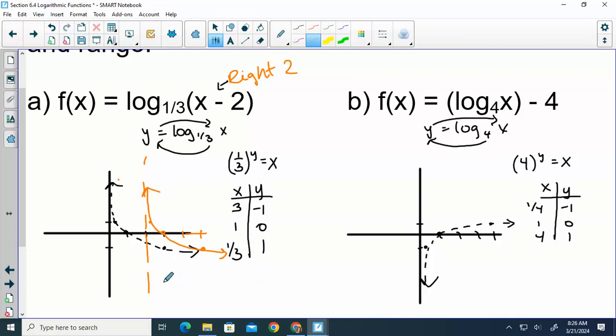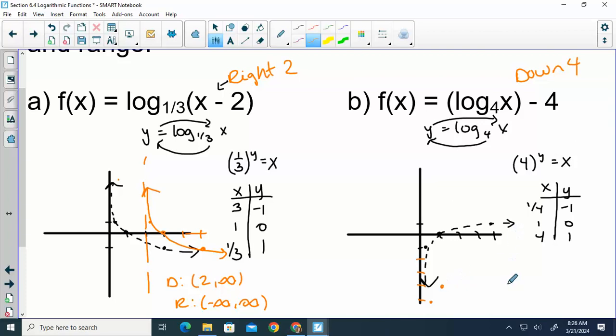Alright, what's the domain of that? And the range? Alright, this one. We start here. What's my transformation? Okay, so if I move each of my points down 4, does my asymptote move?